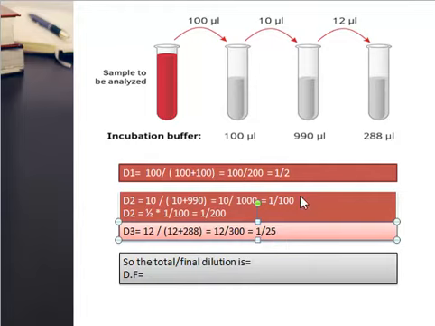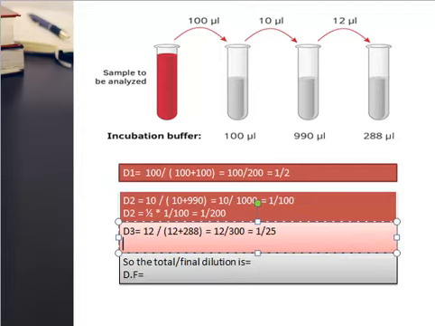So this 1 over 25 should be multiplied by 1 over 200, which equals 1 over 5,000.